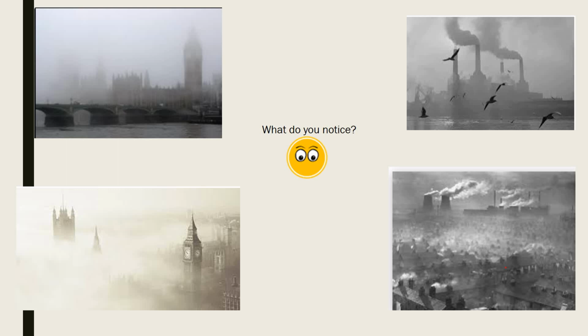You can see that belching and billowing out of those chimneys there. And it will combine with the fogs. And as a result of the fog and the smoke coming together, it makes a smog. It hangs in the air and it is quite toxic and can lead to not only poor visibility but incredibly ill health.